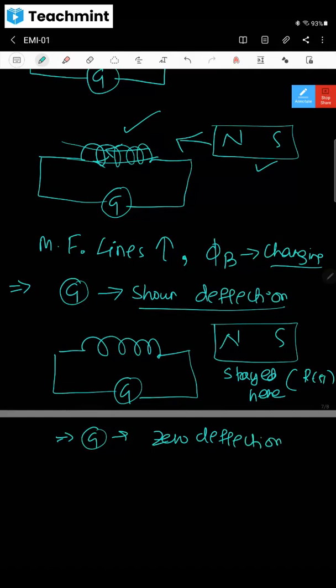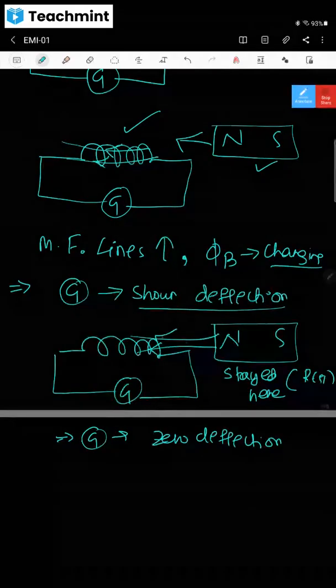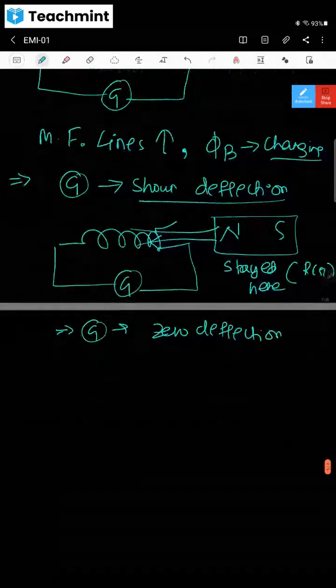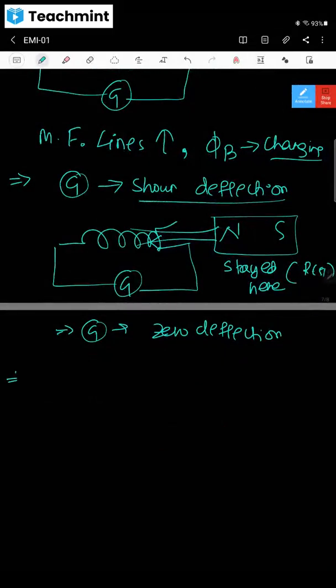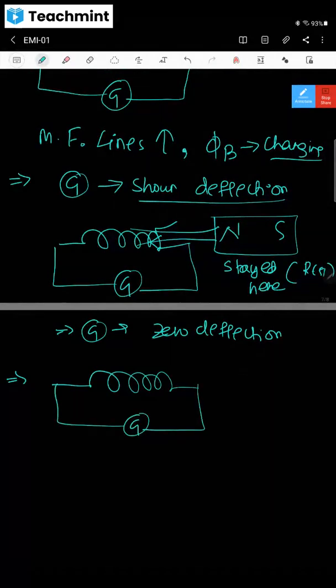That means what has happened now? Here magnetic field lines are entering, but they got fixed now. It is not changing at all now because it has become fixed. Afterwards, he took away this magnet, the north pole to south pole, which was near the solenoid.